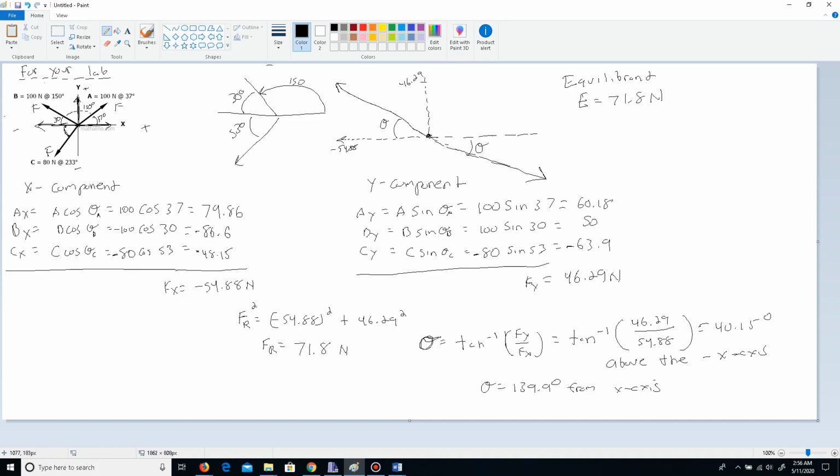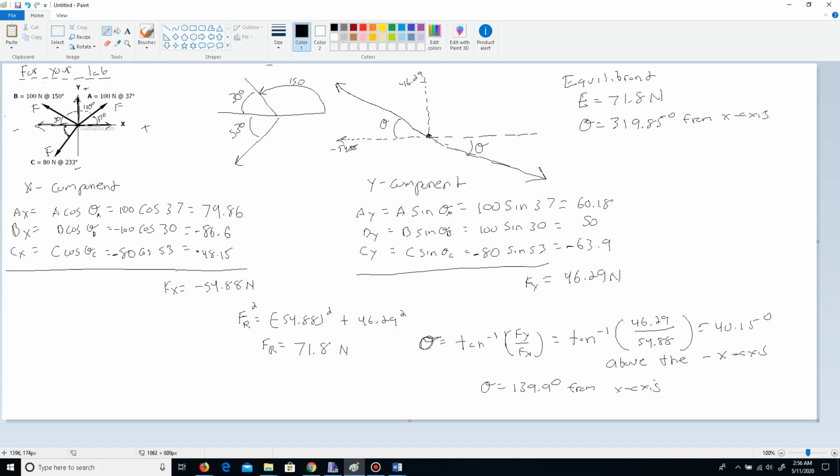These thetas are actually going to be the same. So this is not anything different. We just have to subtract it from 360 now instead of 180. Or we add 180 to this, right? So the angle in this case is going to be 319.85 degrees from the x-axis, and that'll be your equilibriant.